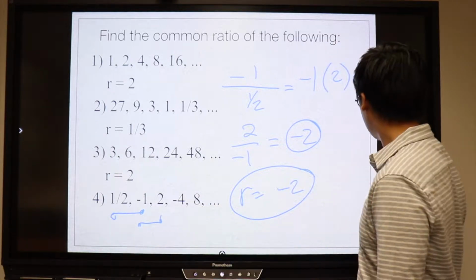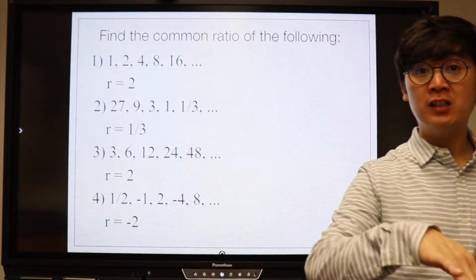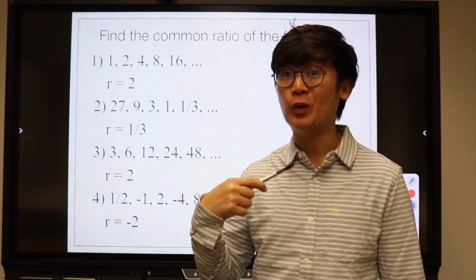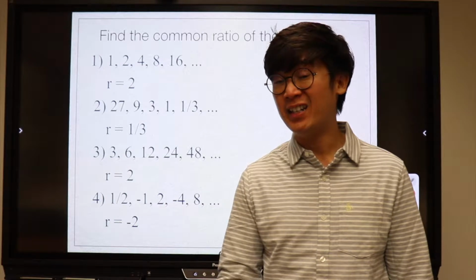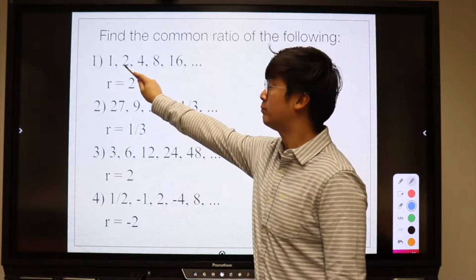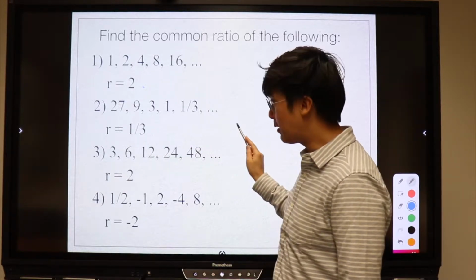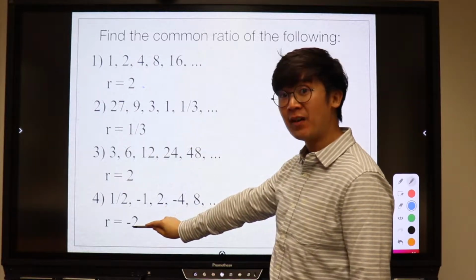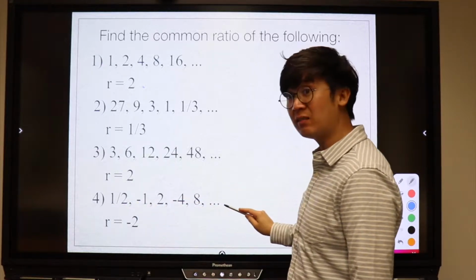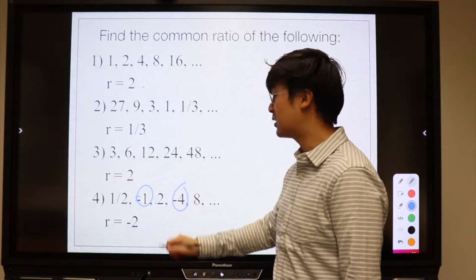So that is why you need to know your patterns, because that's what we're learning here. We're learning patterns and how to mathematically reason out what that pattern is. And recap: positive common ratio, increasing. Proper fraction ratio, decreasing. Negative whole number, still increasing, but it's alternating: negative, positive, negative.